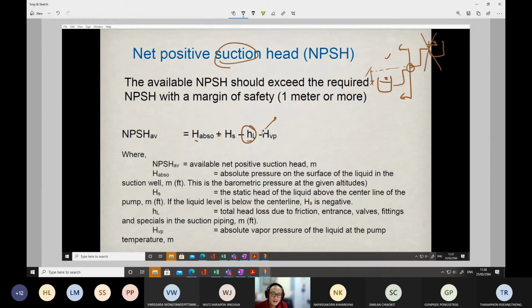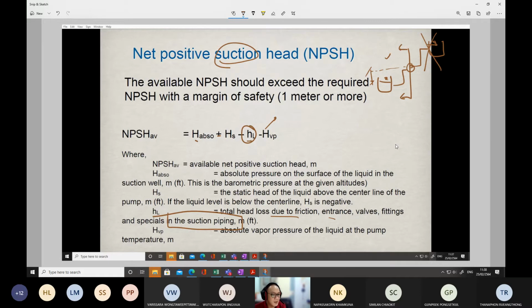The next one is the head loss. Whenever we determine the head loss, we only consider the head loss in the suction piping, not the entire piping system, and not the discharge piping.